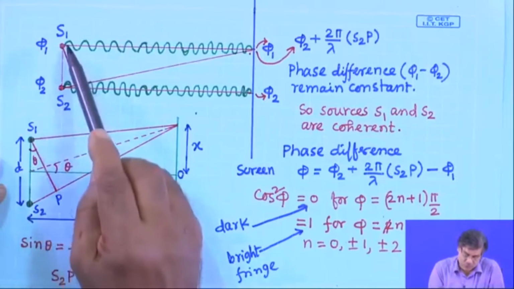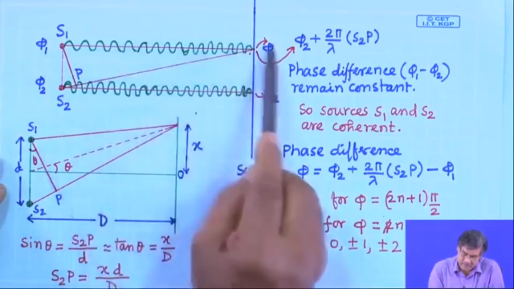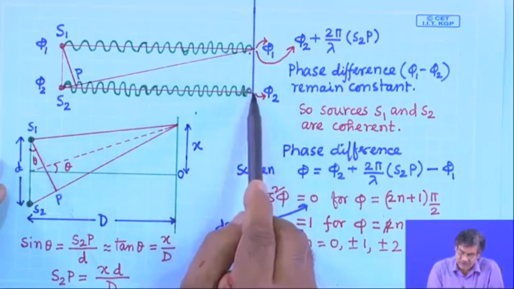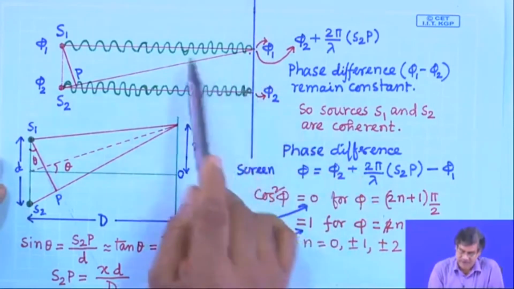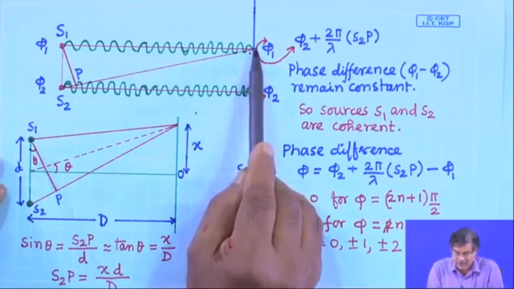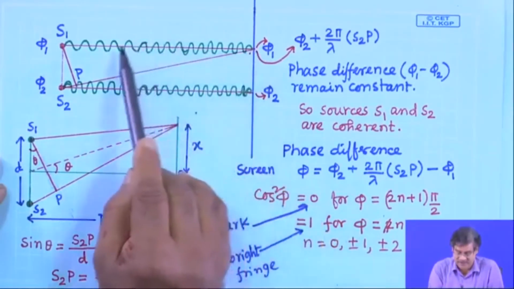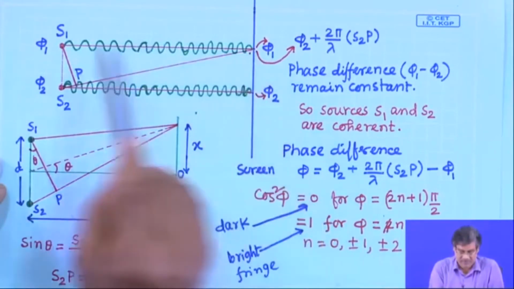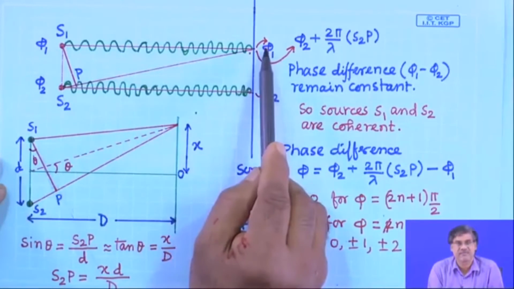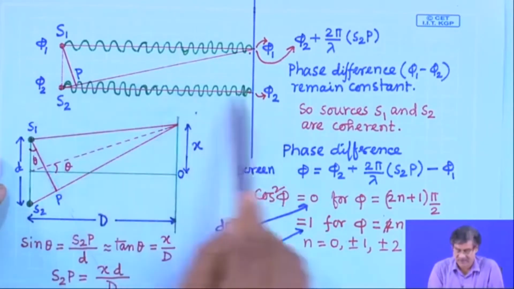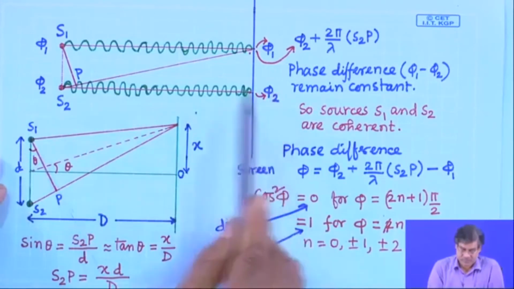So, two waves are coming this way. When they reach here, this is a screen, one is here, another here. Here also its phase is phi 1, whatever the phase was there, it will remain phi 1, and here it will remain phi 2.